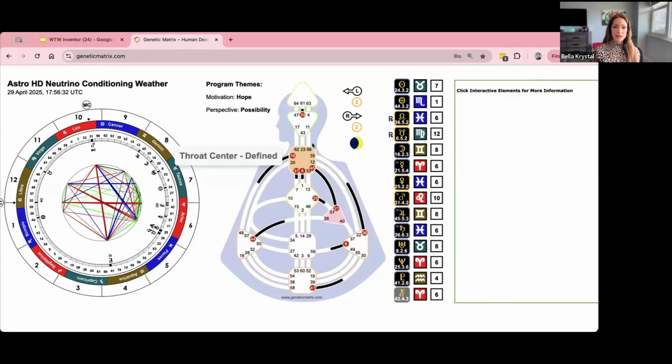And you can see that in the defined throat center, so this is the collective energy that we're all influenced by, we are having many different voices. So we have the voice of the head of the tribe, connected to also the ability to organize things and have the determination needed. We have the individual energy that is connected to the energy we're speaking about today, with the style and that agent of creativity that we have in the 8.